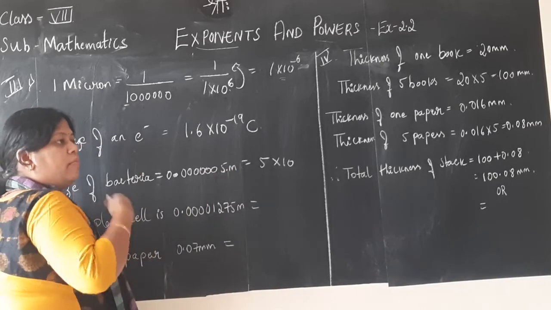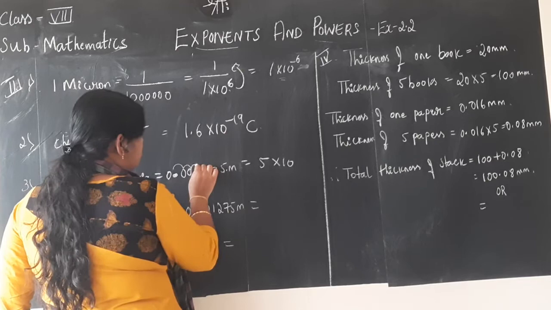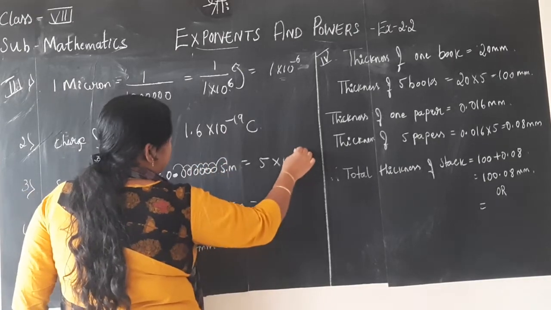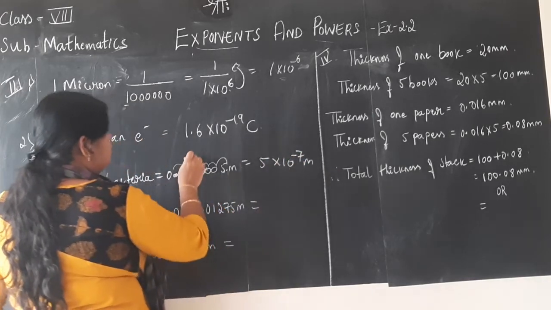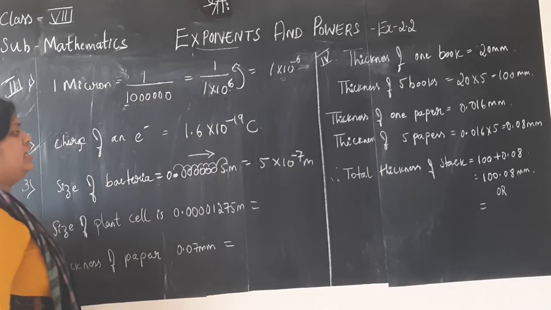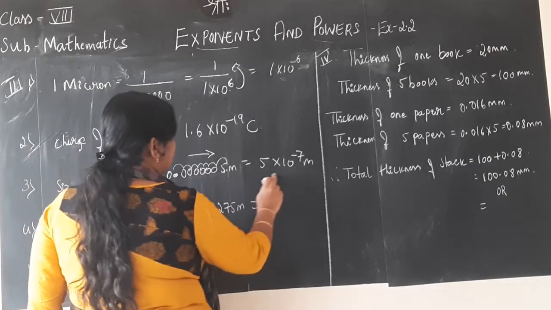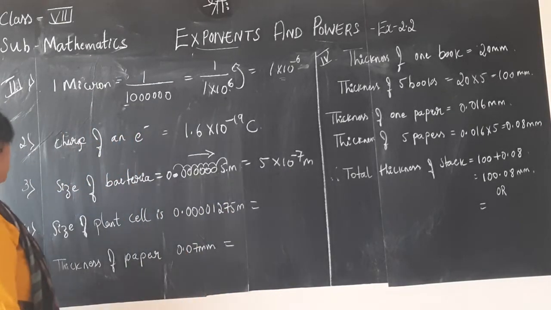To do so, how many decimal places should I shift? 1, 2, 3, 4, 5, 6, 7. So 10 to the power 7 meter. Since you are shifting in the forward direction, it is minus 7. So 0.00005 meter is 5 into 10 to the power minus 7 meter. It's the standard form. That's all.